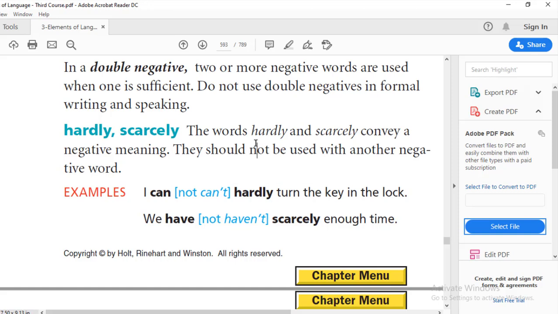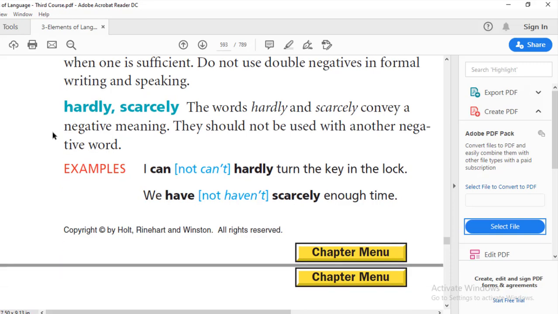No. So that's what we mean by double negatives. Avoid using two negatives in the same sentence. Two of the most common negatives are hardly and scarcely, and most people get confused about them because they don't fully understand their meanings, and we have to clarify that they mean not. So don't use not twice.